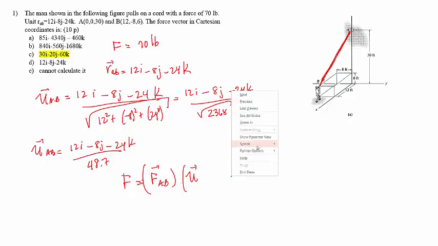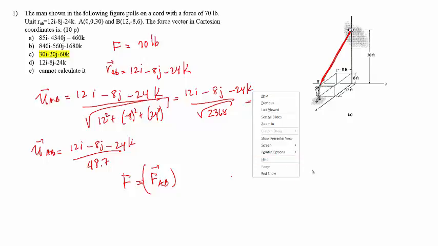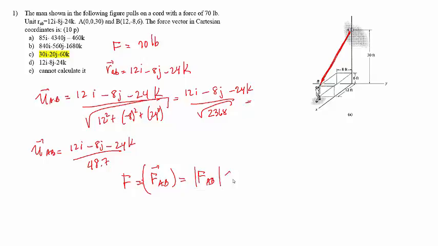Sorry, let me put it differently. So this would be the magnitude of that force times the unit vector in that direction. So it would be 70 pounds times 12i minus 8j minus 24k divided by 48.7.